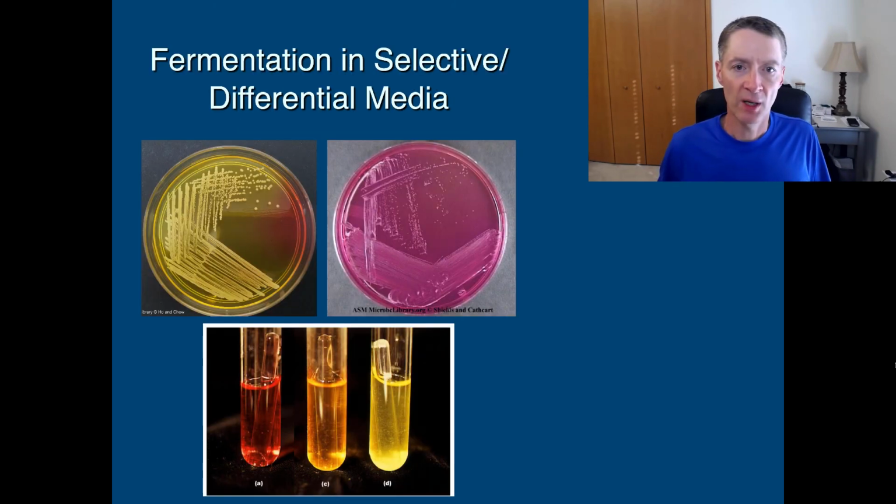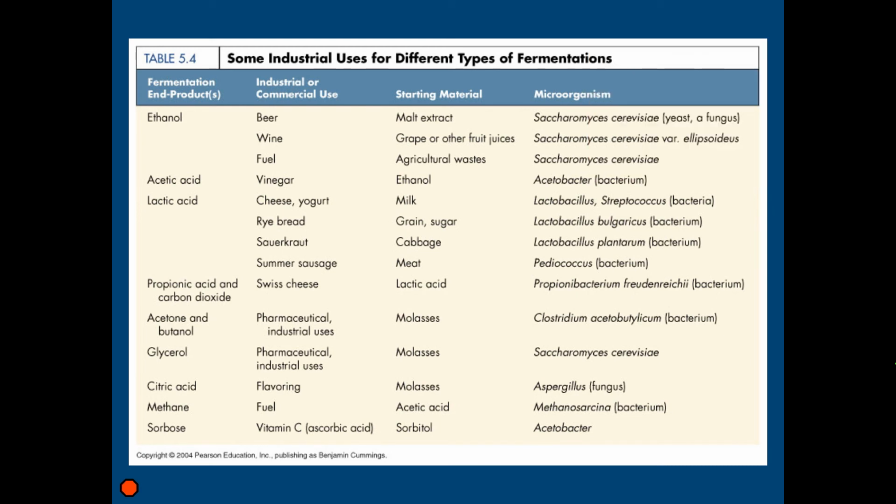Last thing I'll show you guys, and again, for this, I don't want you to memorize all of this, but I just want you to get, kind of feel the gravity of how many different kinds of products we actually get from fermentation over here on the left-hand column. Okay, lots of different things, and how it is that we've actually used these products over millennia.